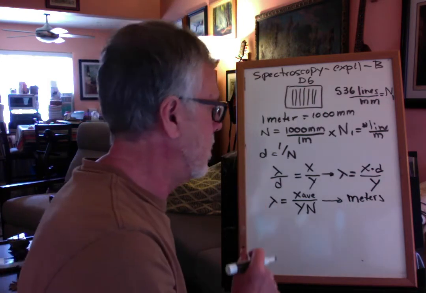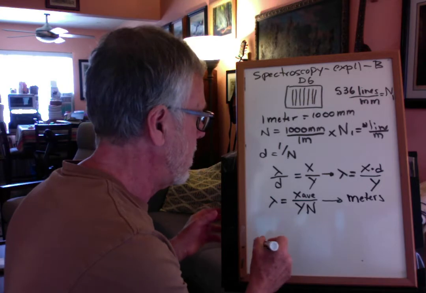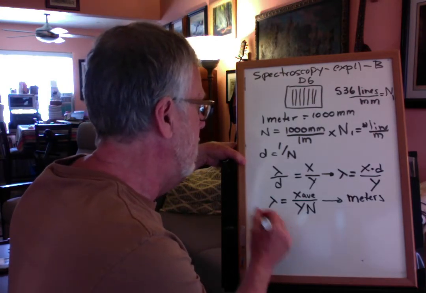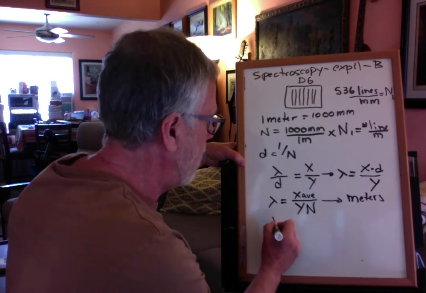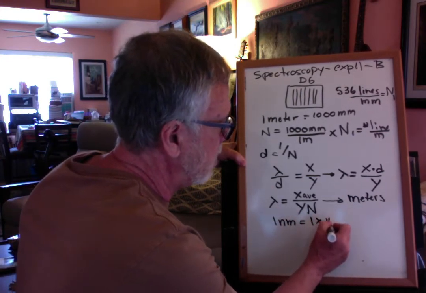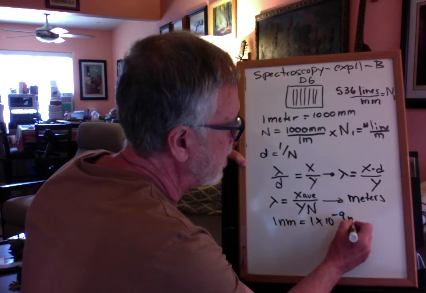Okay, which is going to be a very, very small number, which is something you don't particularly want to do. And so we remember that what we have here, 1 nanometer is equal to 1 times 10 to the minus 9 meters.